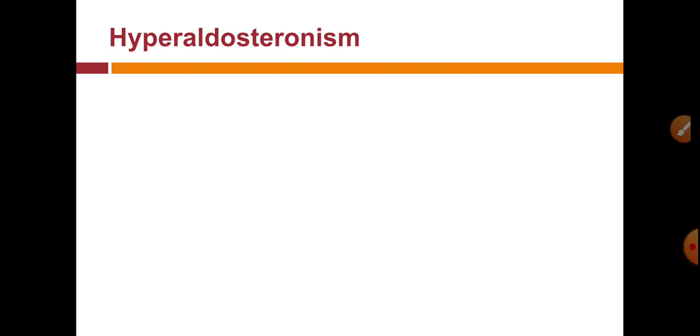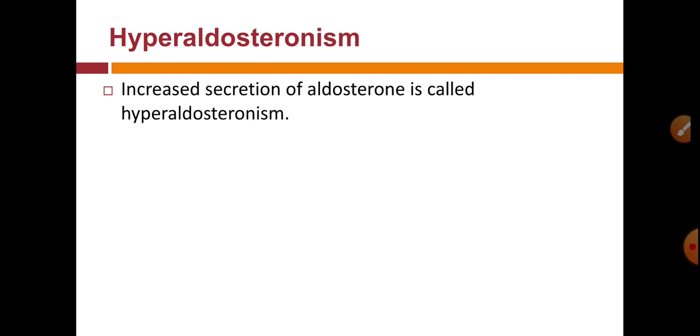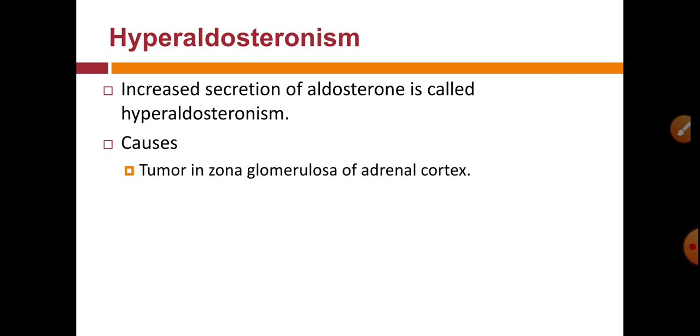So the next terminology is hyperaldosteronism. Here it is the applied physiology related to mineralocorticoids, that means aldosterone. Increased secretion of aldosterone is called hyperaldosteronism. The cause is a tumor in the zona glomerulosa of the adrenal cortex, because zona glomerulosa secretes mineralocorticoid hormones, that means aldosterone.